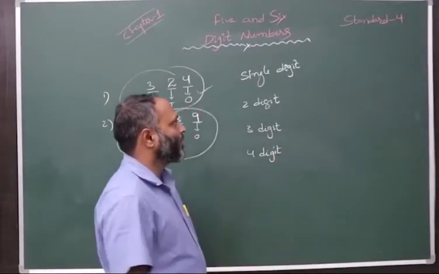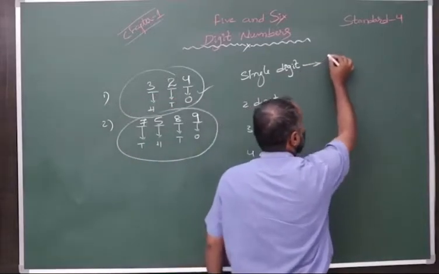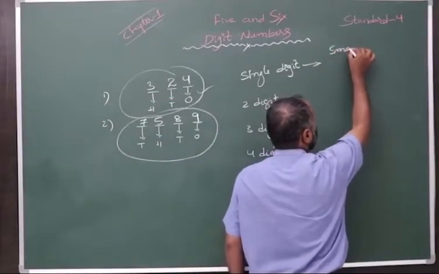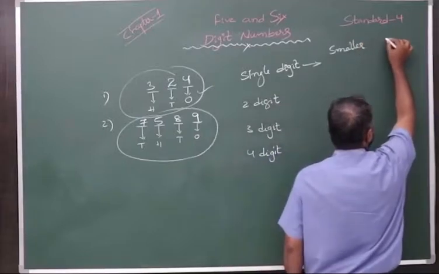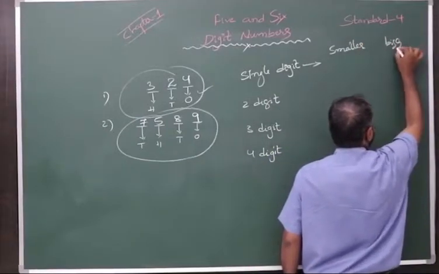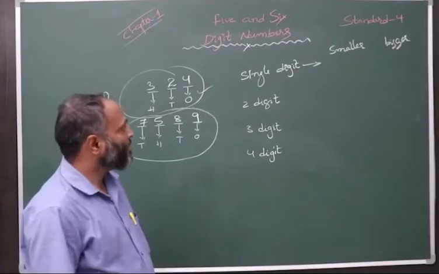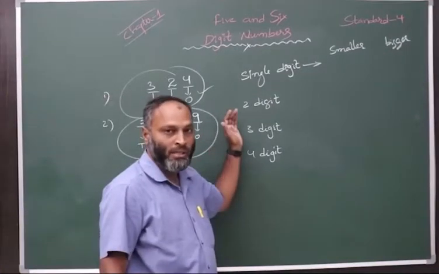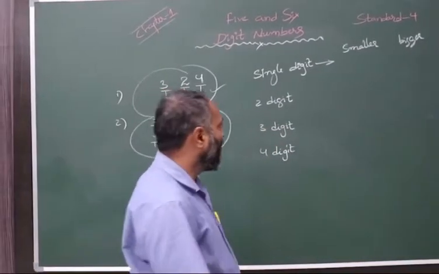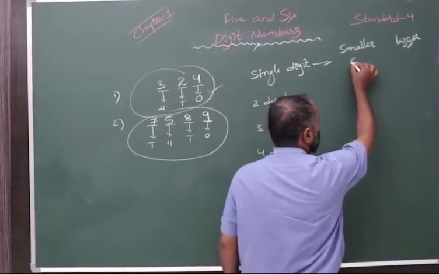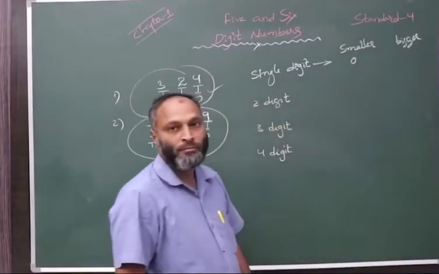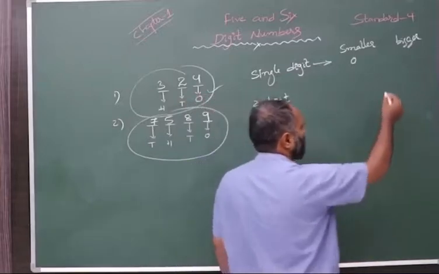In these numbers we discussed the smaller and the bigger number in single digit, 2 digits, 3 digits and 4 digits. In a single digit, 0 is the smaller number and 9 is the bigger number.